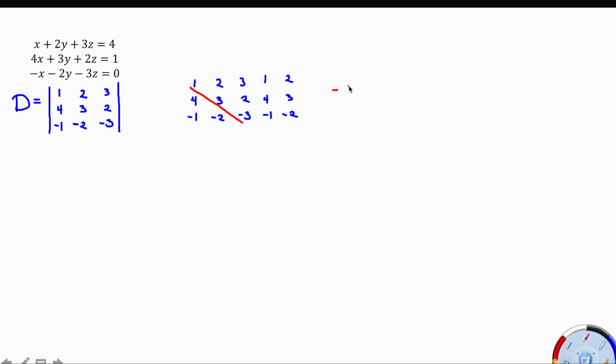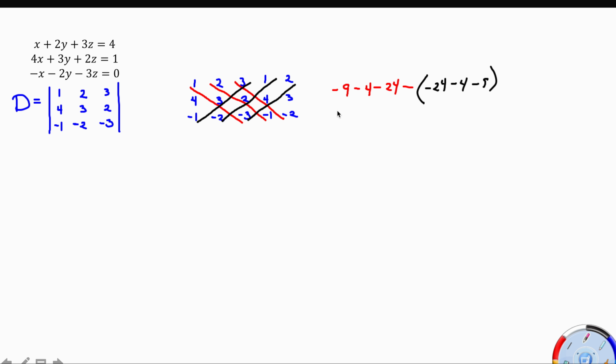So we have negative 9 plus negative 4 plus negative 24. And then it's going to be minus negative 24 minus 4 minus 9.